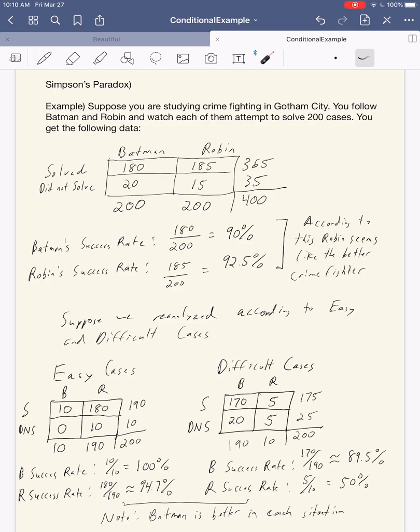Now, of course, this is just a silly example with crime fighting and Batman and Robin. I do want to give you guys just verbally one actual case of this. There's a famous case of Simpson's paradox in statistics when people were analyzing ambulances versus helicopters for medical emergencies.